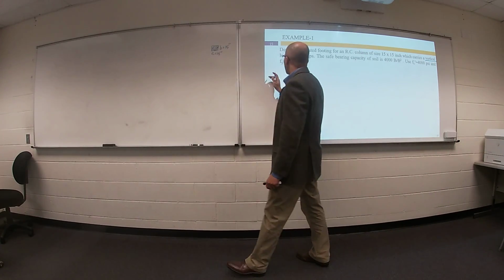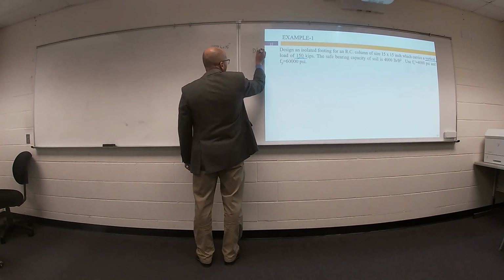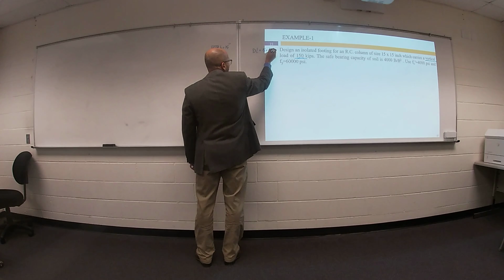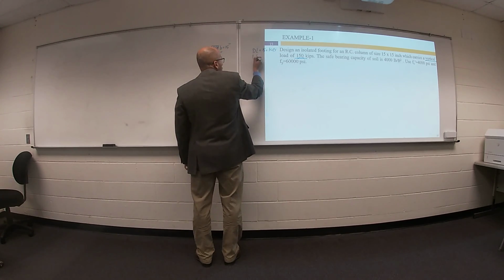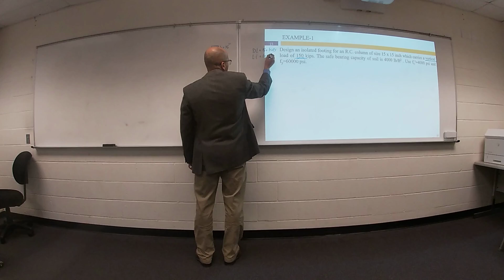Vertical load 150: your dead load equals 50 kip, and your live load equals 100 kip.